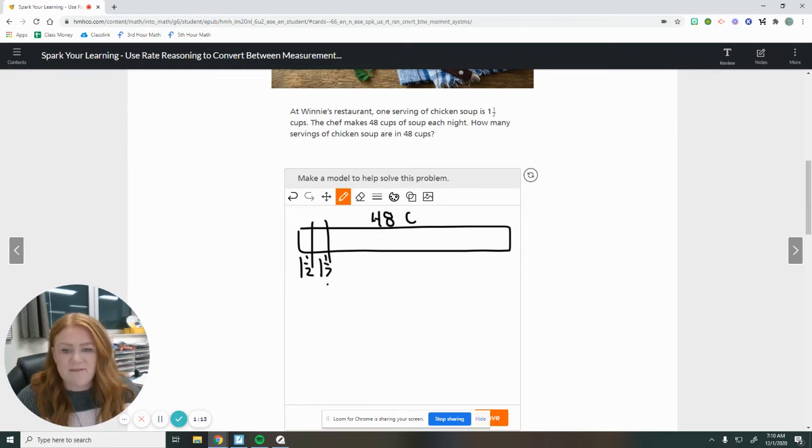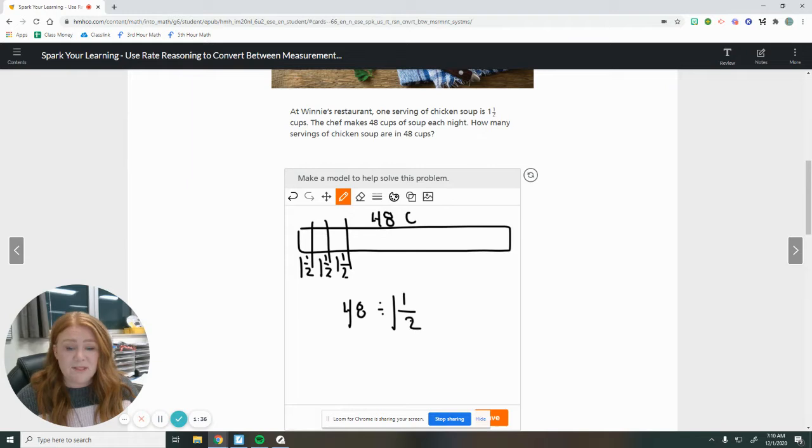So if I keep on doing that, I can see the next person gets 1.5. And I'm going to keep on going until there's no soup left. So I can see that I'm actually taking my total of 48 and I'm dividing it by 1.5.